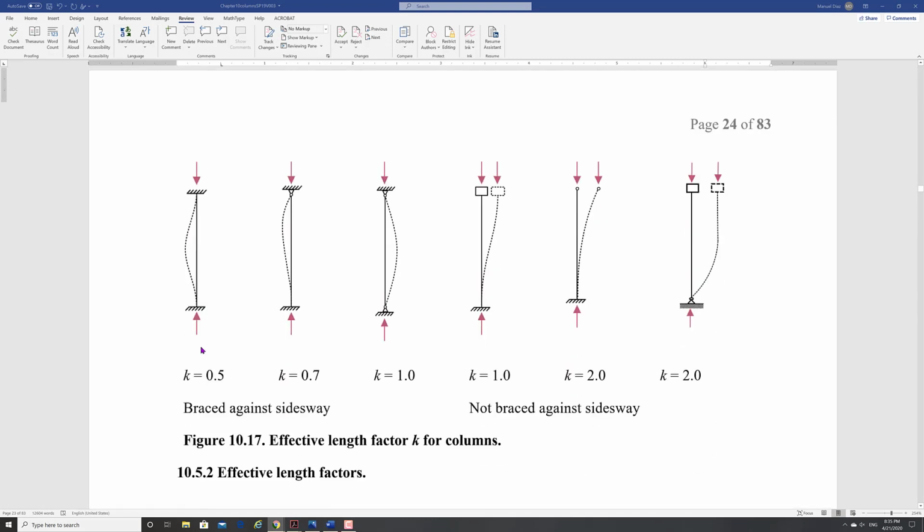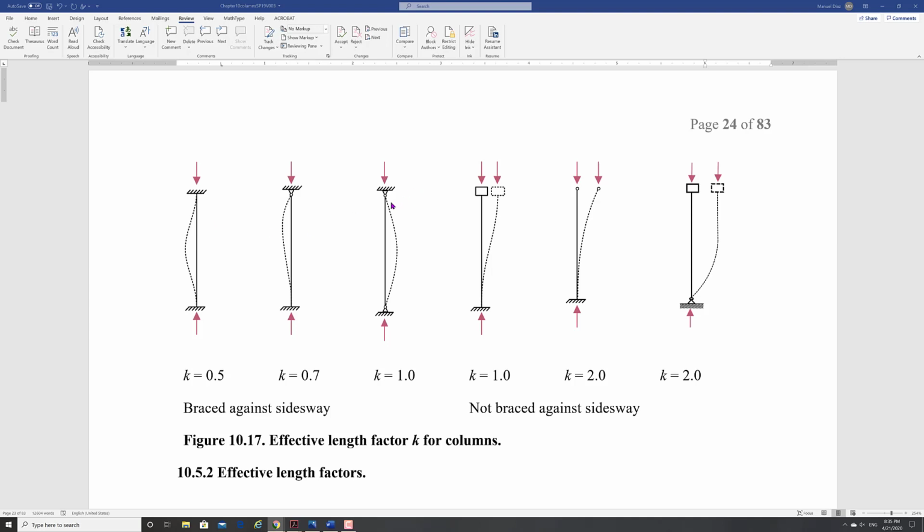And here are things that you probably learn in steel design, right? You have two fixed ends. Your K value is 0.5. What does it mean? It means that the pin-pin connection is half of the length of the column. That's the equivalent.